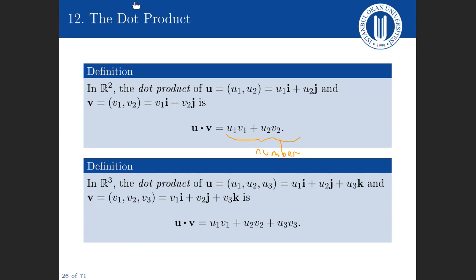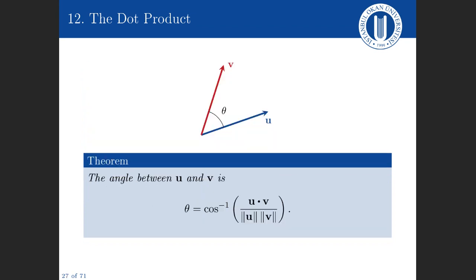In 3 dimensions, we have the same idea, but u dot v is u1 v1 plus u2 v2 plus u3 v3. Using the dot product, we can calculate the angle between any two vectors. Look at this picture.